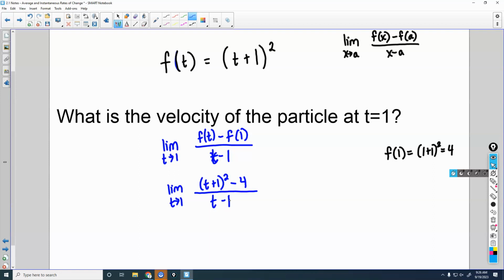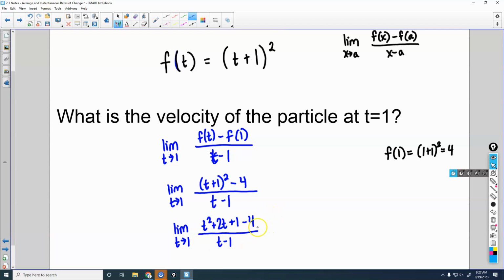What do you guys think we should try? You could expand it and then contract it. Correct. Yes, we will expand and then contract. So we can just double square here, t squared plus 2t plus 1 minus 4 over t minus 1.